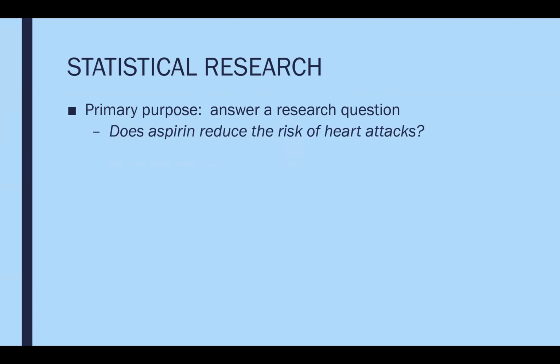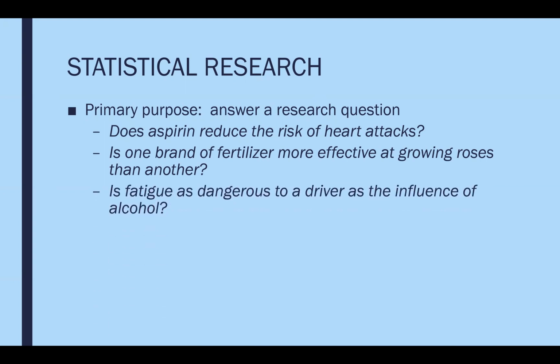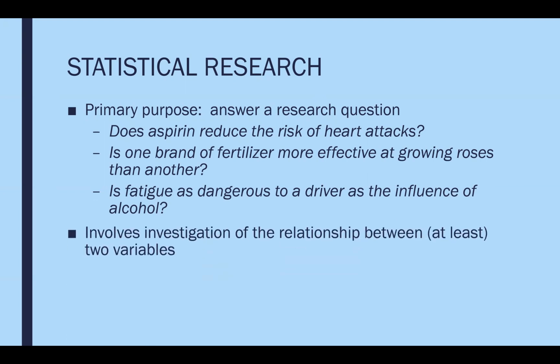It could be things like, does aspirin reduce the risk of heart attacks? Is one brand of fertilizer more effective at growing roses than another? Is fatigue as dangerous to a driver as the influence of alcohol? Typically that research is going to look at the relationship between two different things, at least two.